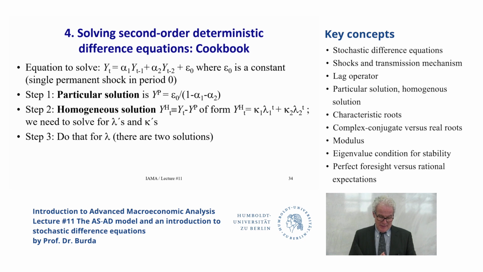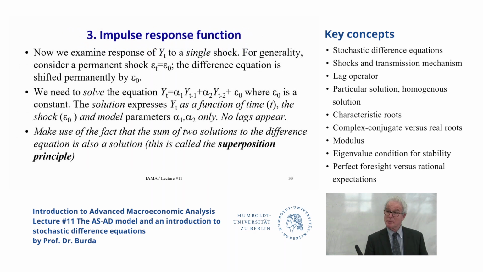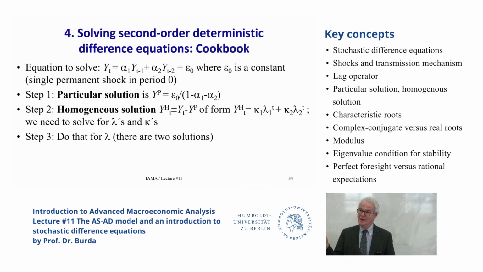Okay? Step 1. Step 2 involves invoking what I showed previously called the superposition principle. If I know that one solution is a solution to a difference equation, and I know that the other is a solution, then I can add the two together, and that's a solution to the difference equation. So if I know that the particular solution is a solution, then y minus y_p must also be a solution. So I need to find out what y minus y_p is.